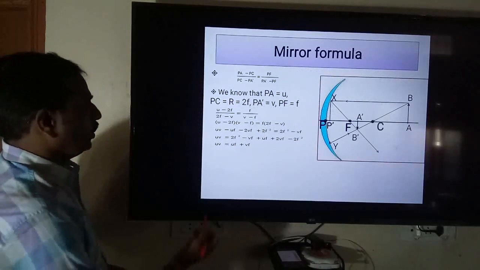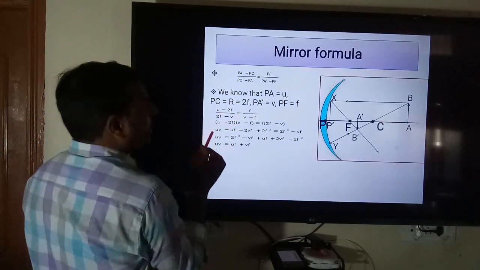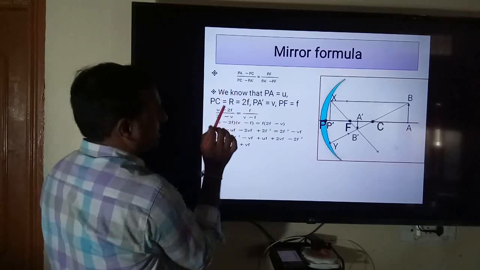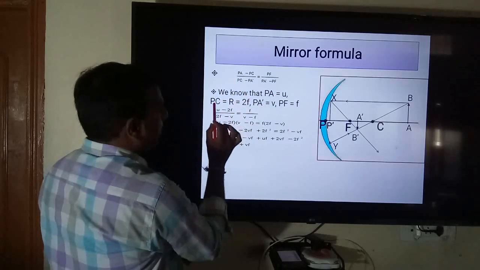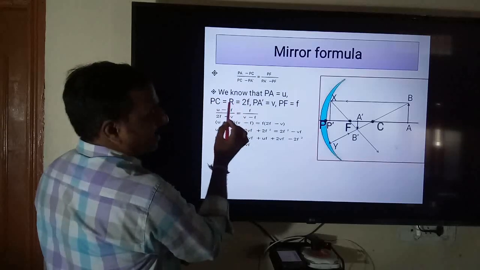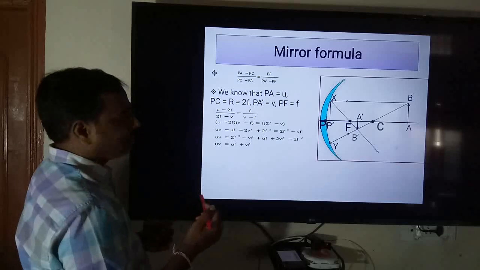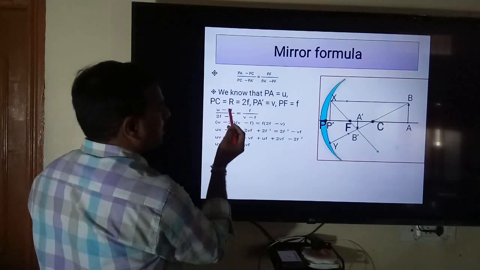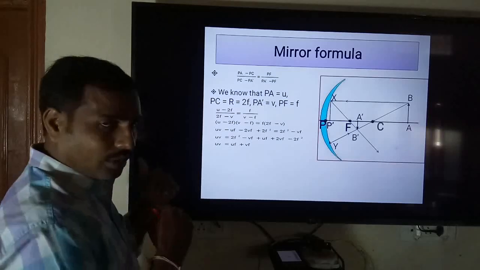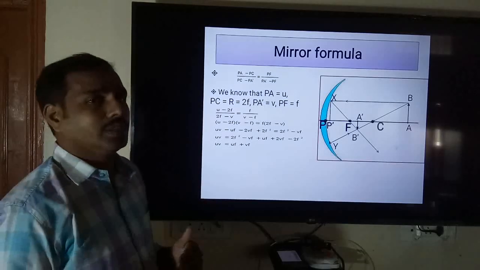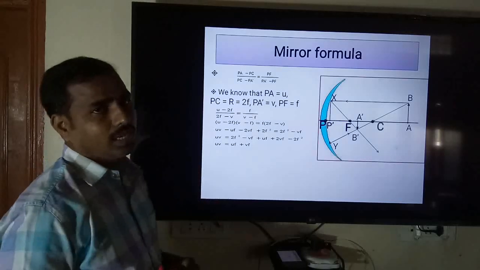this: (U − 2F)/(2F − V). How did we get this? Instead of PA I am writing U minus PC. PC is the radius of curvature, the length that is equal to twice the focal length. That's why minus 2F. Why are we writing 2F? Now we are going to get a relation between focal length, object distance U and image distance V only.